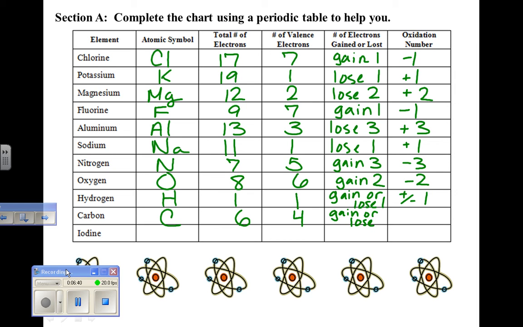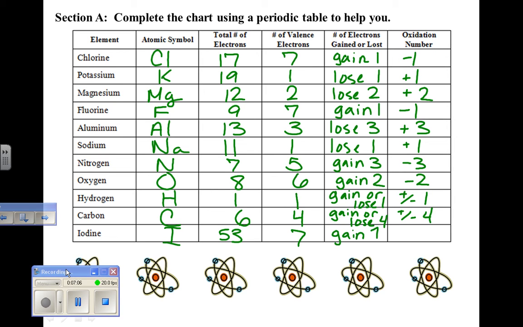That would be the semiconductor. It can either conduct or insulate. And then iodine, I, total number of electrons, 53. How many are valence? 7. So what's it going to do? Gain 1. If it gains 1 electron, that would be -1.